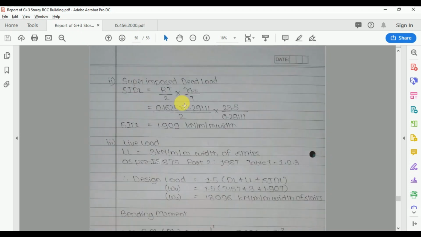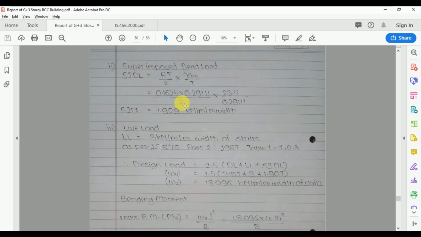So now let's calculate the loads which are over the staircase. That means the loads which are over the structural member. So here you can see the superimposed dead load, that is nothing but the floor finishing that we need to calculate. Here the superimposed dead load, that is SIDL, we have the formula R into T divided by 2 into unit weight of floor finish divided by tread.